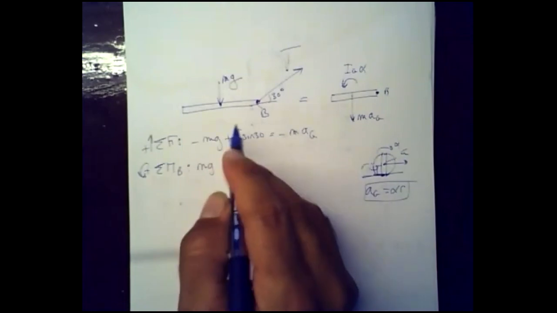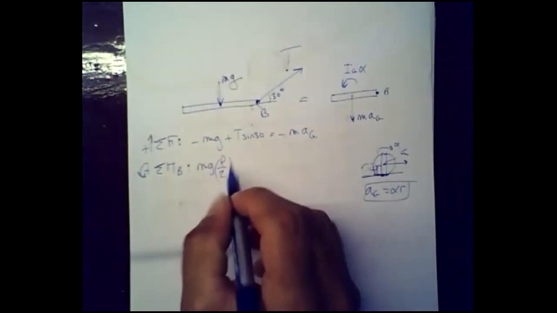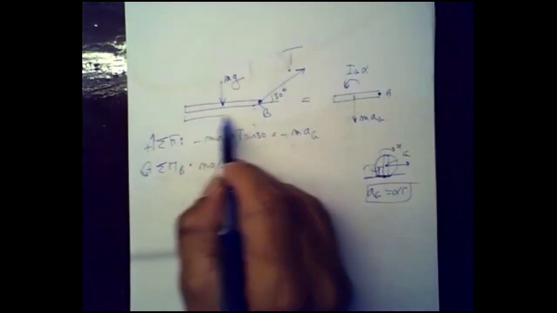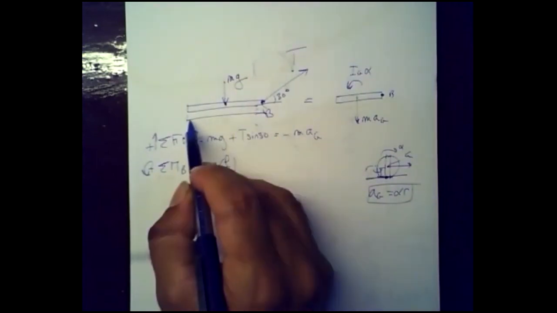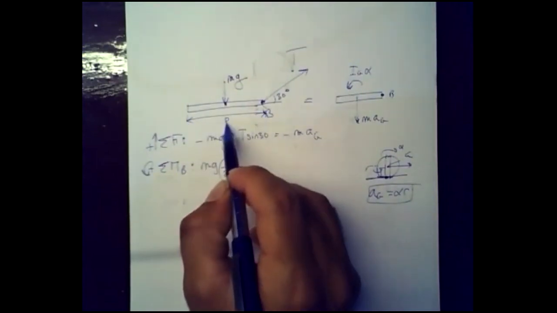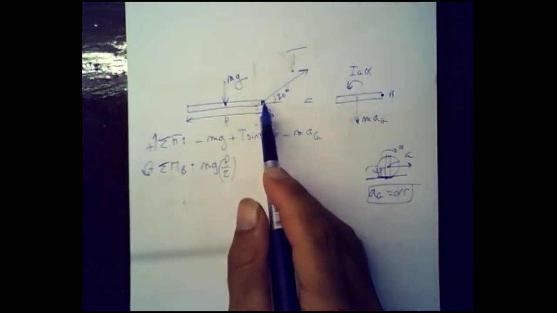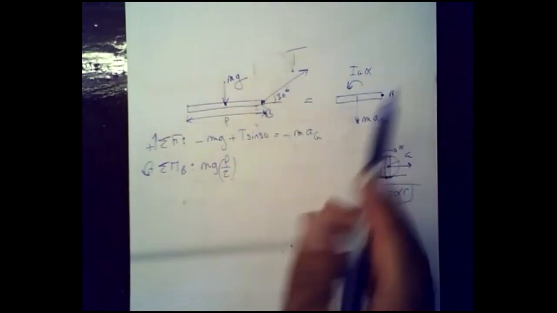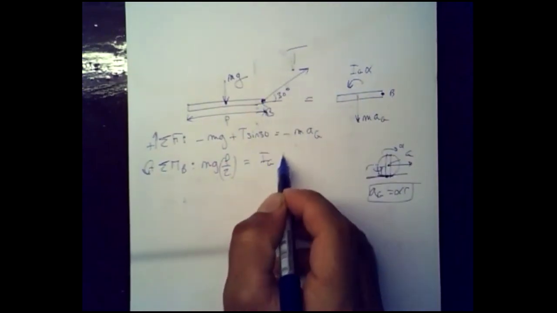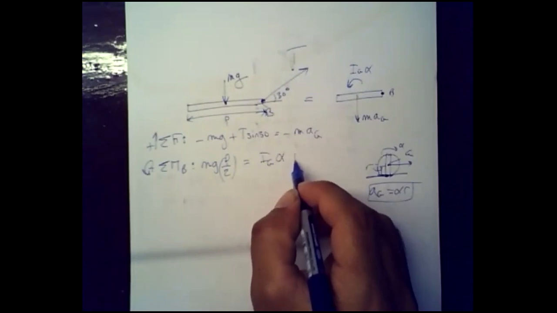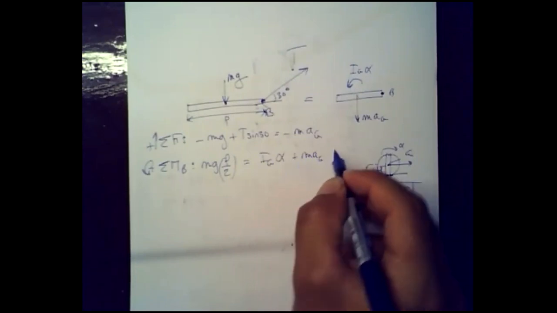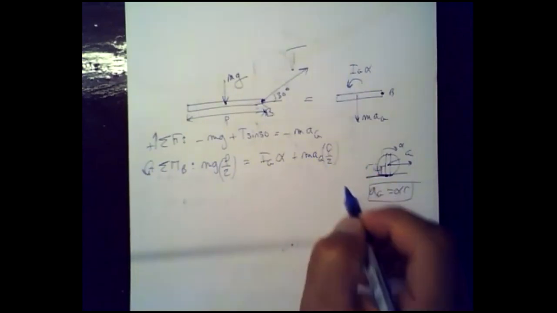Let's assume the length of this bar is L, so it would be L over 2, right? So mg times L over 2. How about T? Does T create any moment? No, right? Because the moment arm here would be 0. How about on the right side? We are going to have I_g alpha, plus m a_g multiplied by L over 2.